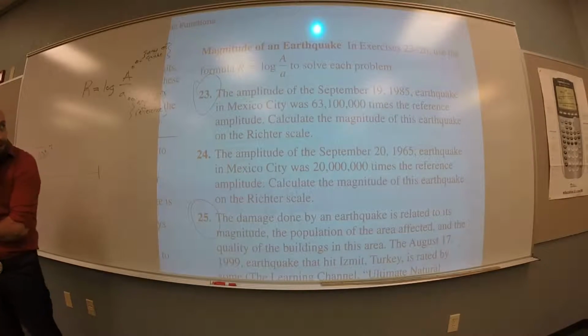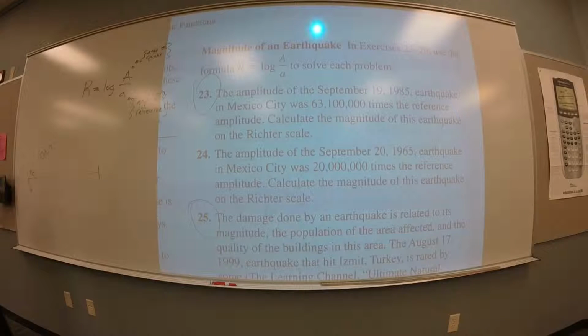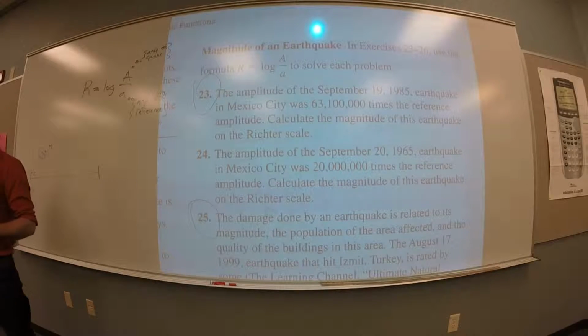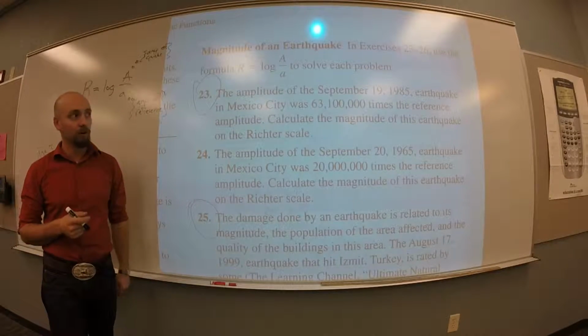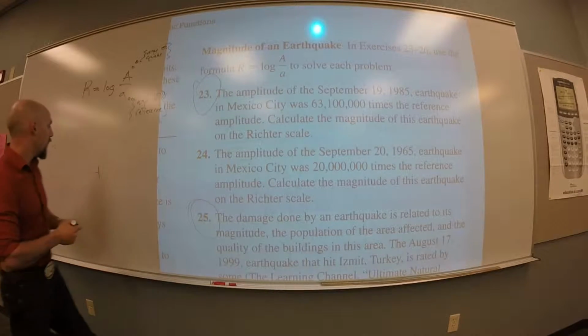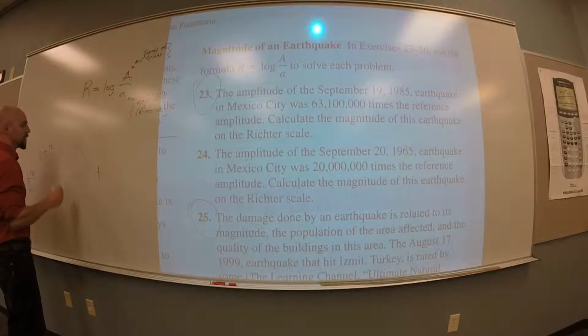So if we want to talk about this one, this is a Mexico City quake. I want to calculate the magnitude on the Richter scale. So I've got 63 million times the reference amplitude. What's the formula?